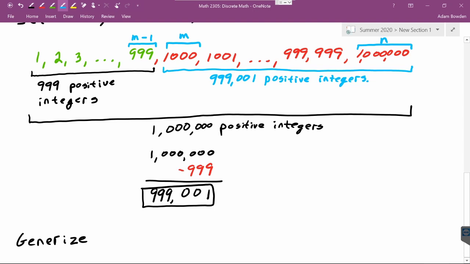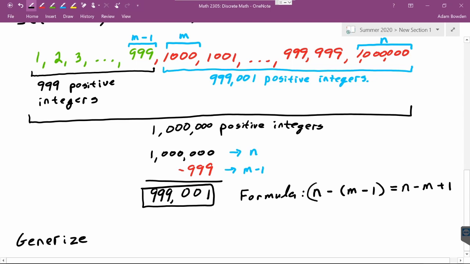So what we just did here down below is to take the n, which is the 1,000,000, and subtract away the 999, which is m minus 1. And so the basic formula then would look like n minus (m minus 1), or that would be the same thing as n minus m plus 1.